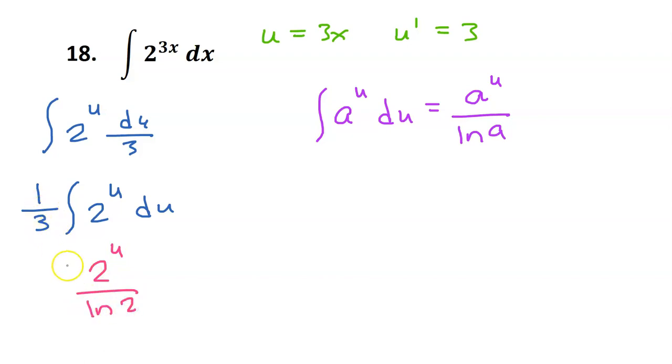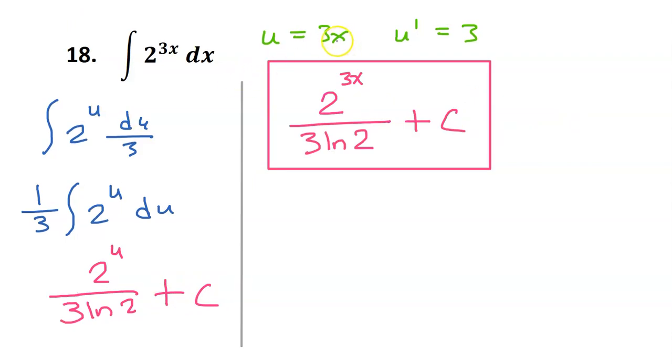And then we do have this 1/3 in the front, which I can write as a 1/3, or I could just put the 3 in the denominator. Something like this. Wait, I keep forgetting the constant of integration. So plus c and plus c. Putting 3x back in for u, we have the final answer.